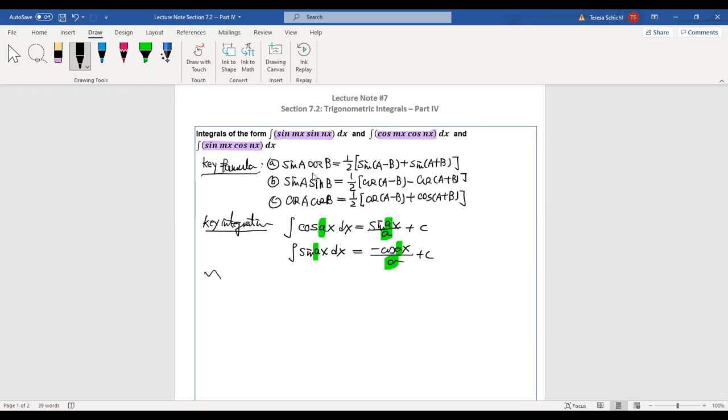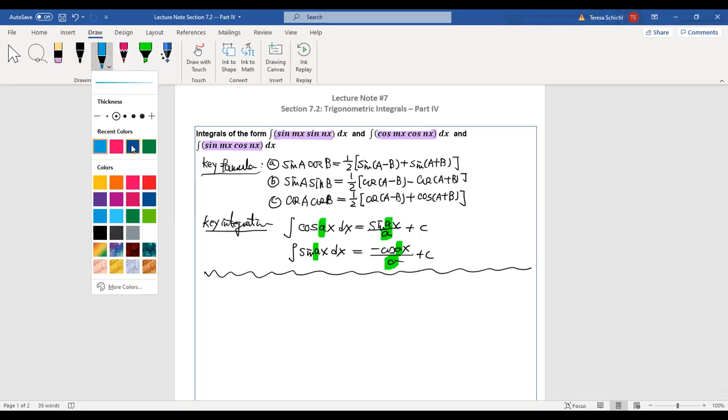Okay, so here is the key formula list. You might ask, why are these formulas true? Basically, we are using the formula we learned from trig.